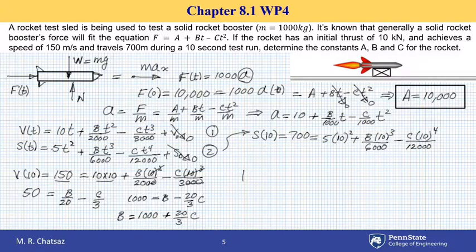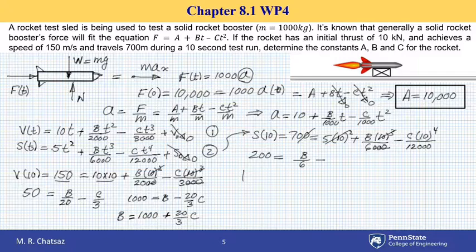Let's simplify this equation and proceed to finish the algebra. I have 500 here, 700 there. This gives me 200 equals to, now this is 1,000, I can get rid of the 3 zeros there. This is 10,000, so I can write this as 200 equal to B over 6 minus 10 over 12.